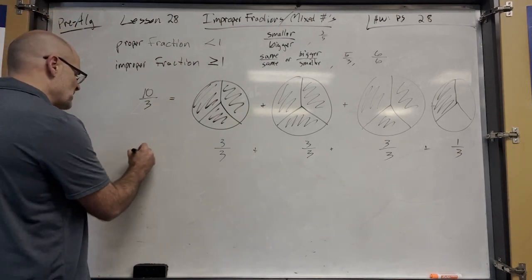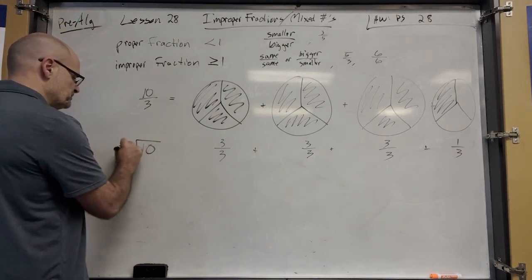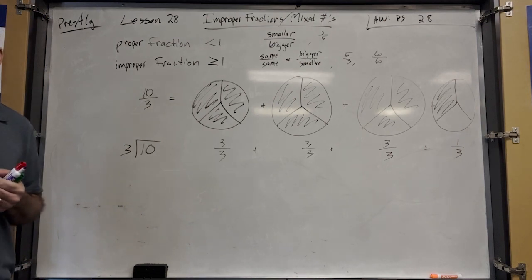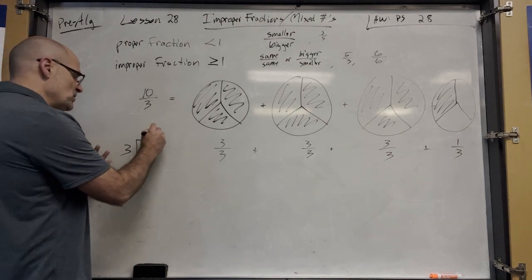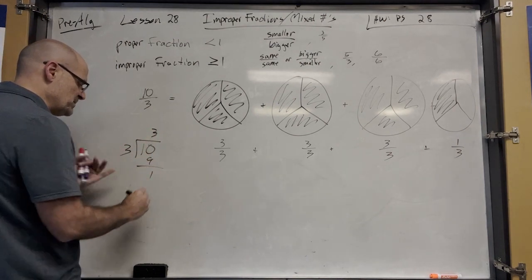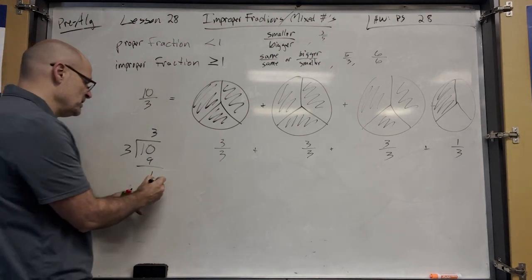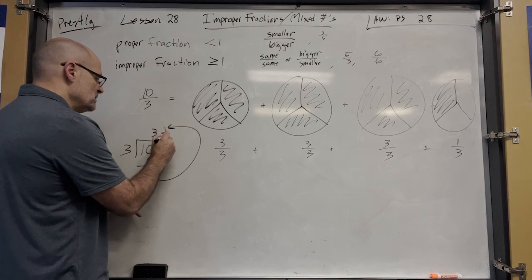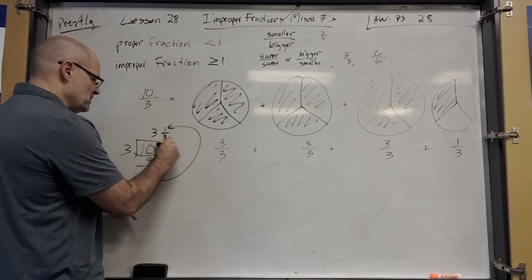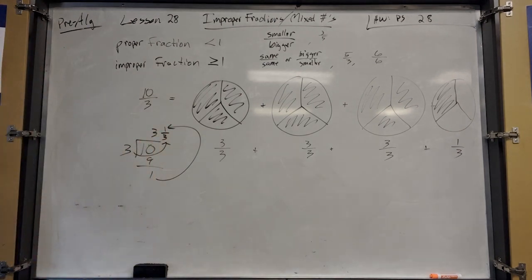So I'm just going to divide by 3. Okay? So this is going to tell me how many wholes are in there. It's 3, but then there's one piece left over. There's 1/3 left over. Guess what? This goes up there, and this goes right there on the bottom. So the denominator, when you're going from improper fractions to mixed numbers, always stays the same.